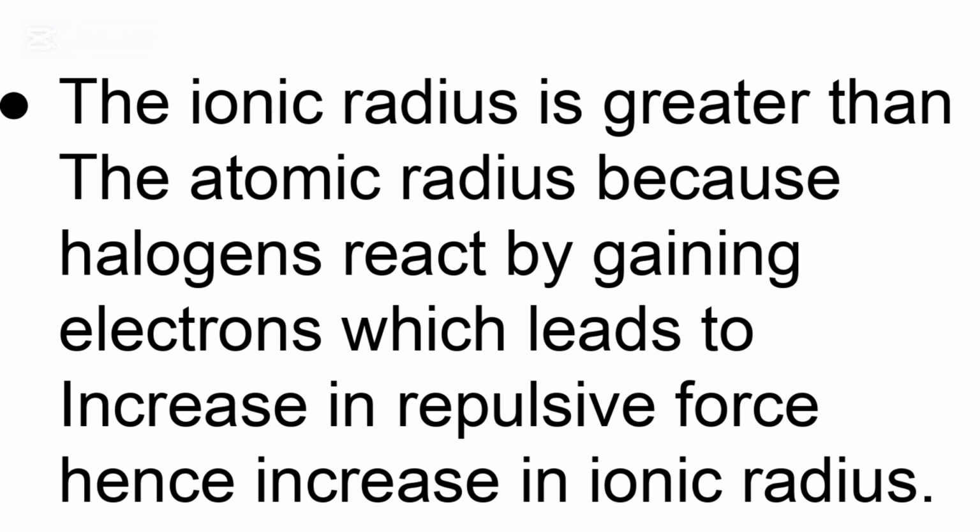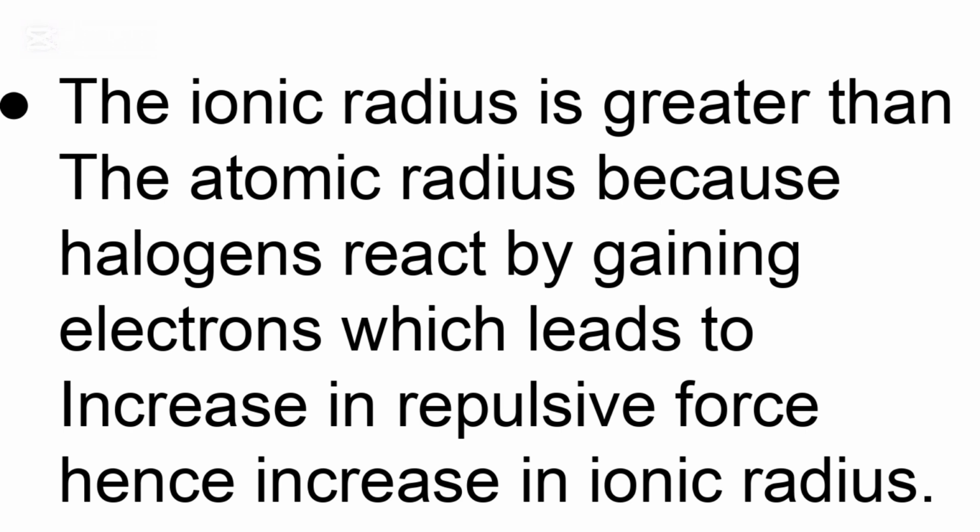Now, if we compare the ionic radius and the atomic radius, you realize that the ionic radius is greater than the atomic radius because halogens react by gaining electrons, which leads to an increase in the repulsive force, hence increase in ionic radius.